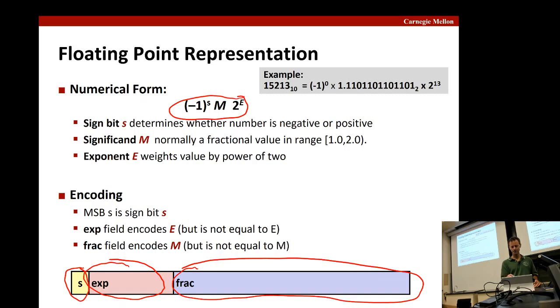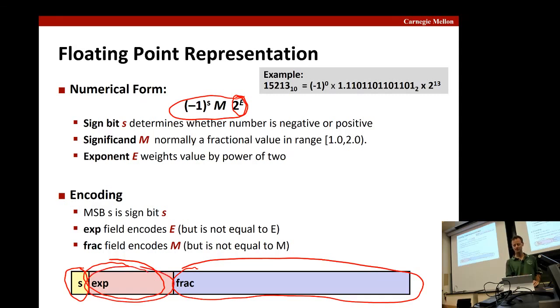Now, what's interesting is that this exponent here, which represents what power you want to raise the 2 to, is not exactly what goes in these bits here, and we'll see why in a few slides.